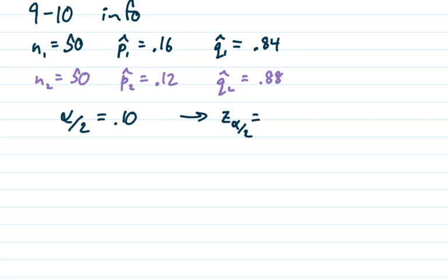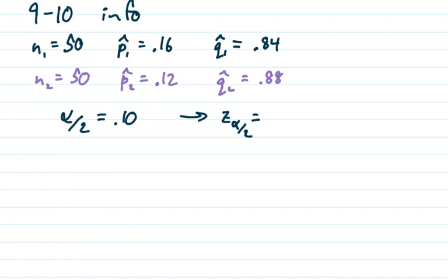And that was because in the previous example, we were doing alpha equals 0.10, but it was a single-tailed test. So here I'm saying not alpha. Alpha is not 0.10. Alpha divided in half is 0.10. So actually, this would not be the 90% confidence interval. This would actually be an 80% confidence interval.